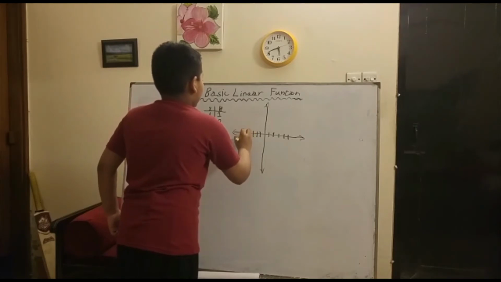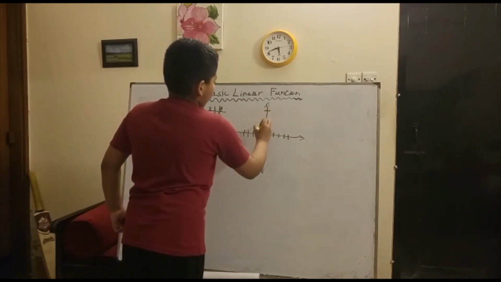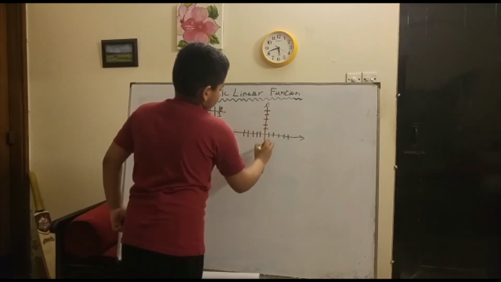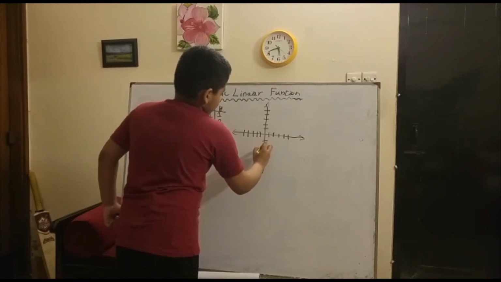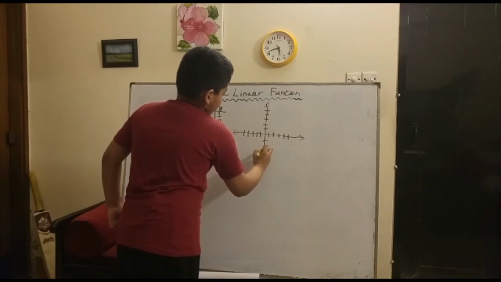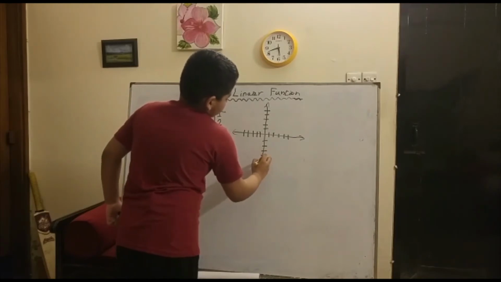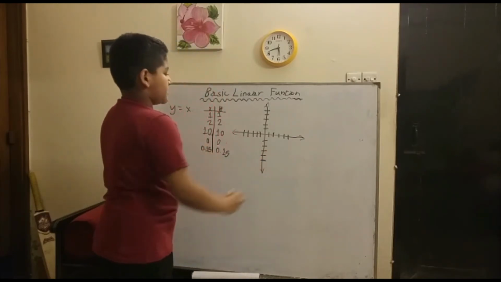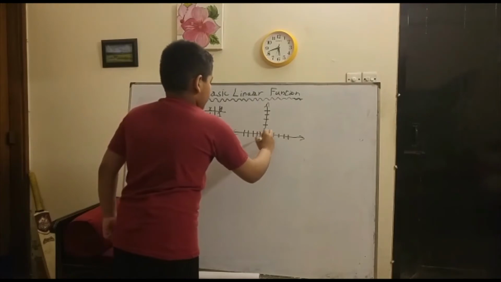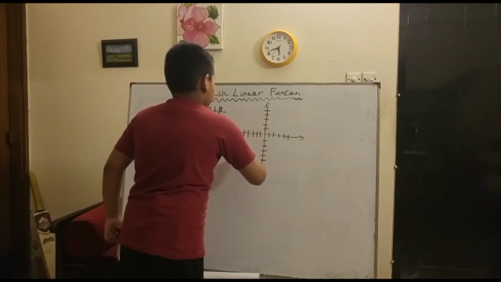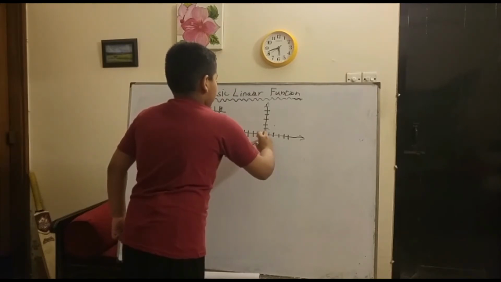Remember, when you're graphing, you should always plot these points before you actually graph the function, because this will help you see the shape of the function. Otherwise, I might mix this up with 2x. So let me plot in some values and then make a line.